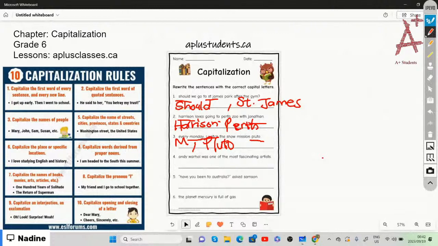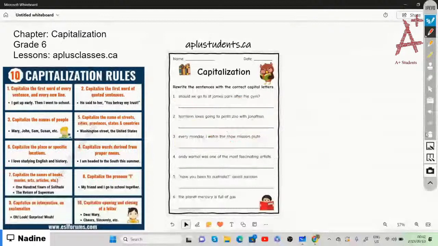That is but a few of the words that we selected that needed capitalization. Even every, because every is the start of a sentence.